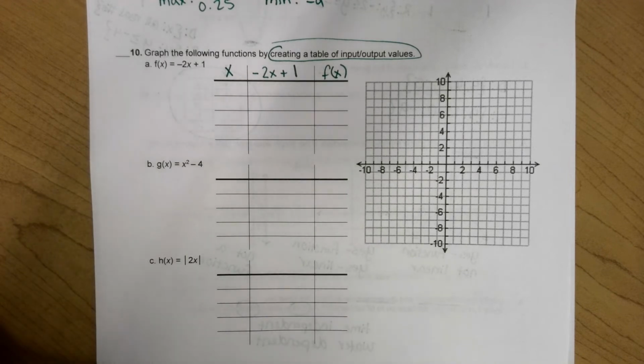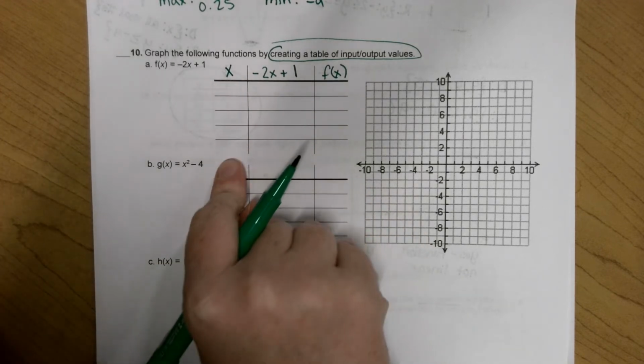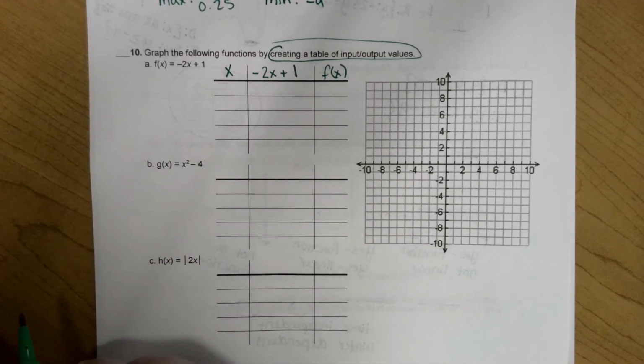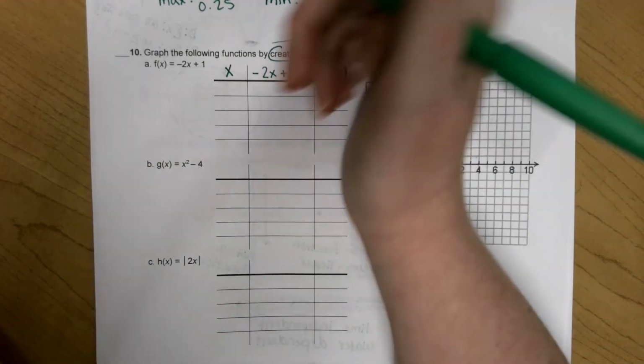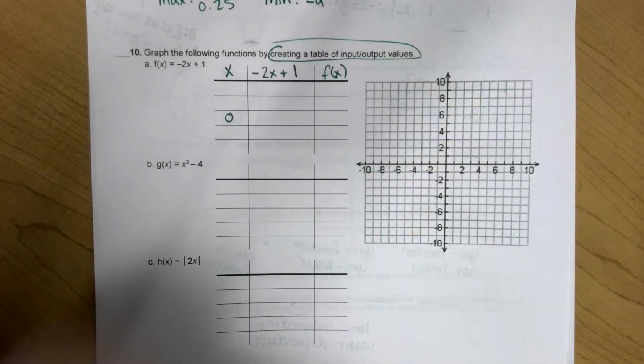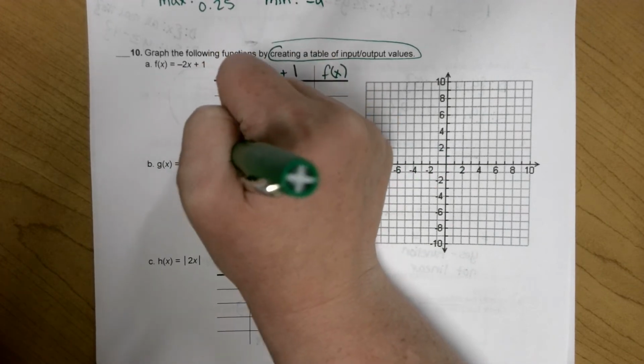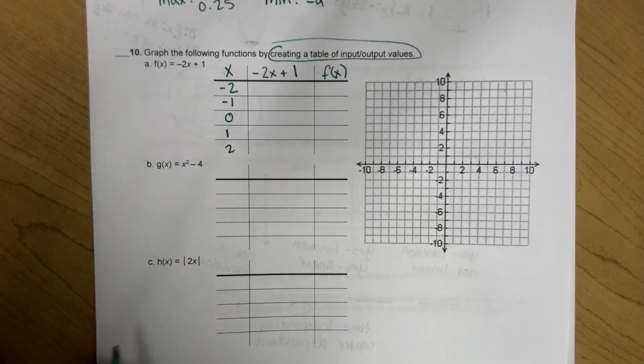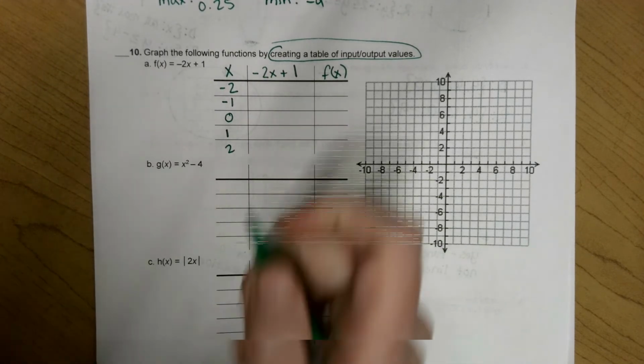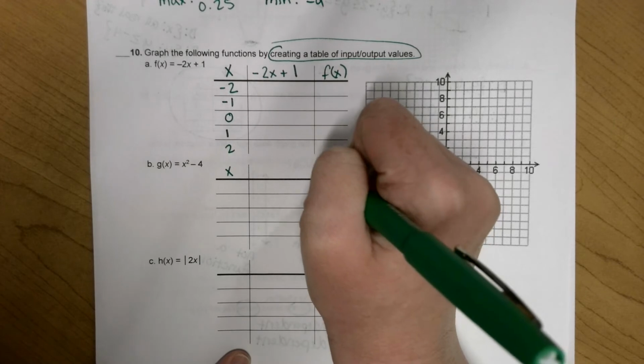So I'm going to tell you you can pick whatever numbers you want for here. But usually if they give me 5 blanks, what I do is I put 0 in the middle. I do a 1 and a -1, a 2 and a -2. Sometimes I pick different numbers depending on the function, but all of these, I'm going to pick those same values. Again, you don't have to pick these.